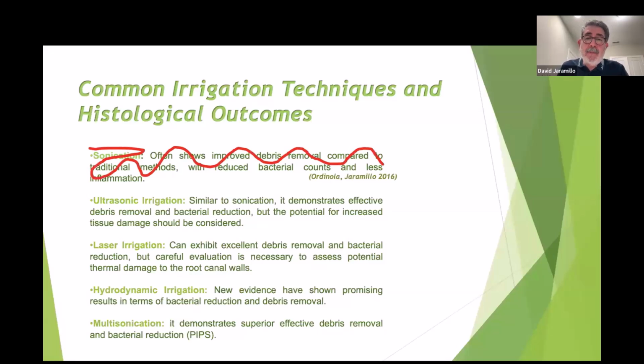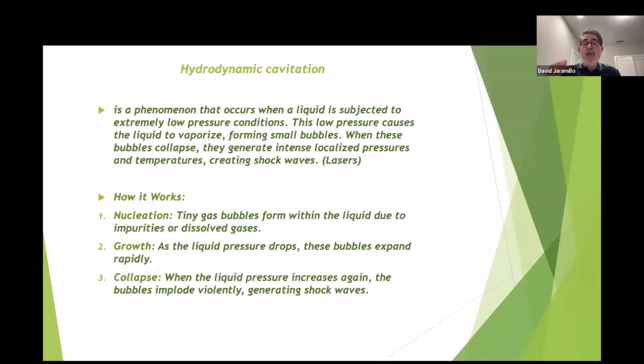Regarding sonication, we have a publication, Dr. Ordinola and myself from 2016, where we proved that sonication and positive pressure are basically the same. And I'm going to show you a video proving why it doesn't work. So hydrodynamic cavitation is a phenomenon that occurs when a liquid is subject to extremely low pressure conditions.